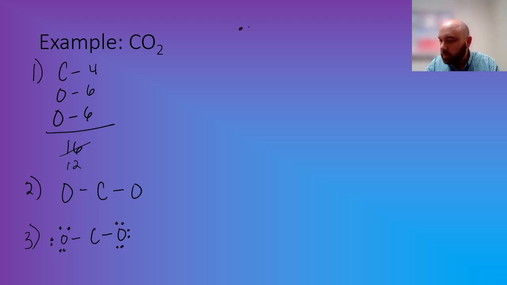We would have our oxygen here and our carbon, and we would move our electrons down here into a multiple bond, in which case we would have a carbon dioxide structure that looks like this.